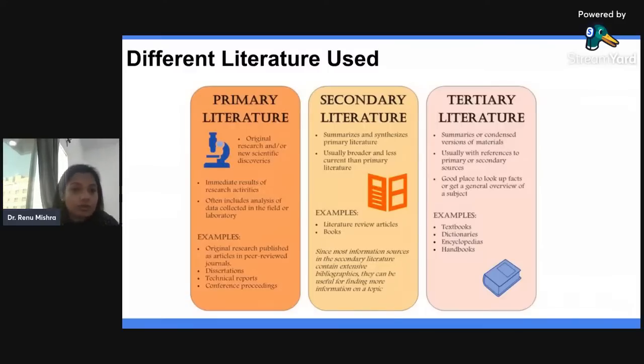Another piece of information I would like to give here is, do not consider Wikipedia as a source of literature. Why am I saying so? Because it is not an authenticated one. Whatever source of literature you are using, check the authentication. How can you check it?